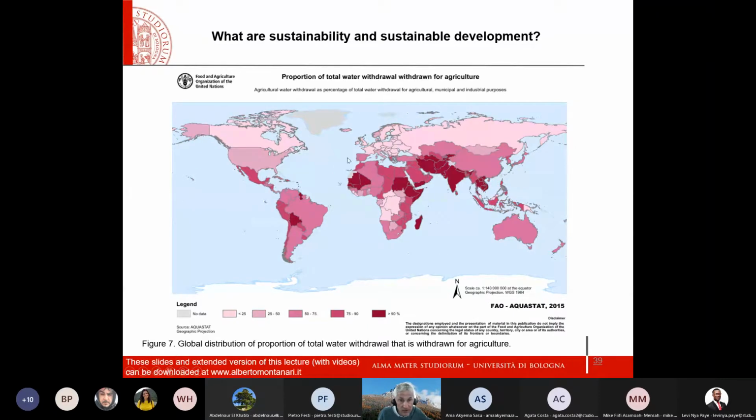And here is the proportion of total water withdrawal that is used for agriculture. And again, this is another point of view, another picture. Keep in mind that these figures give you information that is not something that you need to learn or present at the exam.